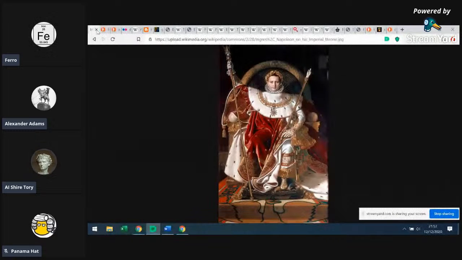Also, I was just going to say with the two staffs as well. It makes sense that he has one of the staffs representing justice, because one of his biggest political achievements before he became emperor was the Napoleonic Code, which is still enshrined, I believe, in the current French Republic as well.